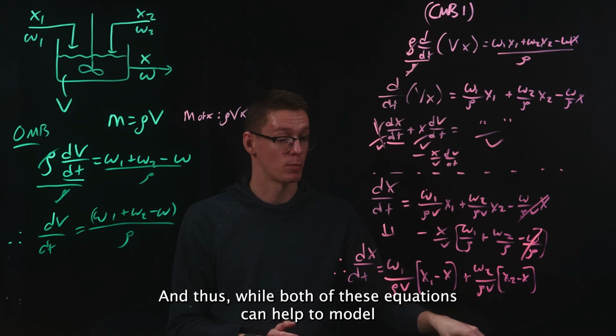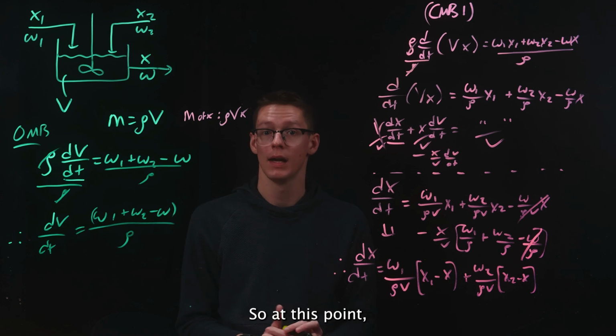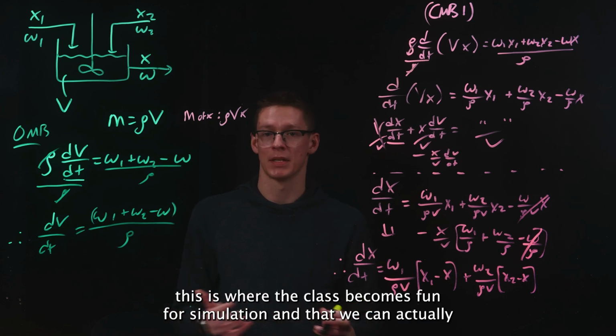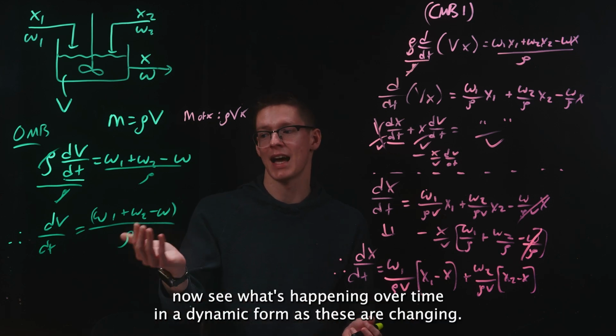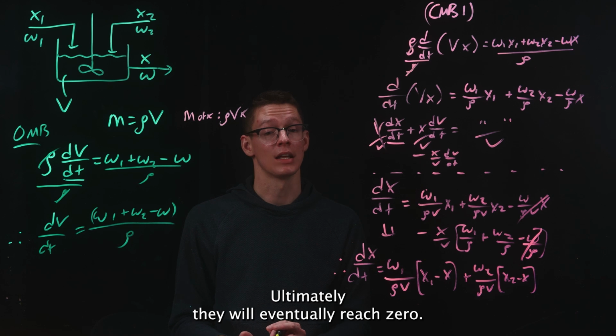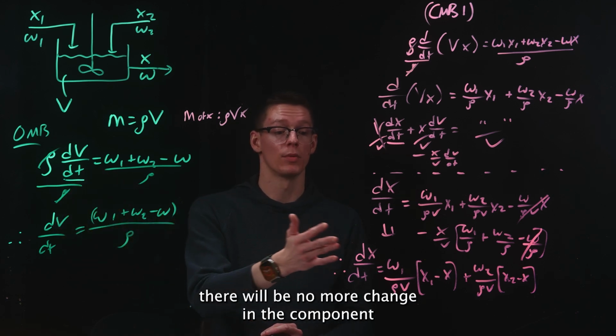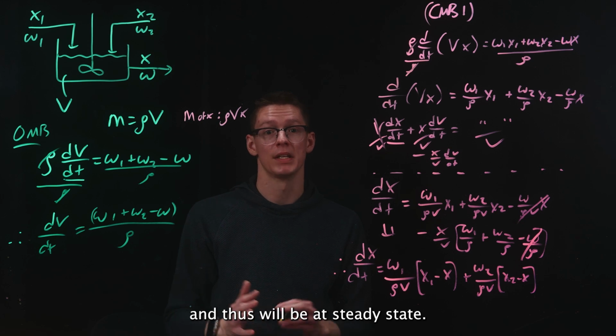Thus, while both of these equations can help to model our system, we're going to use them in tandem. At this point, this is where the class becomes fun for simulation, because we can now see what's happening over time in a dynamic form as these are changing. Ultimately, they will eventually reach zero. There will be no more change in the volume and no more change in the component, and thus we will be at steady state.